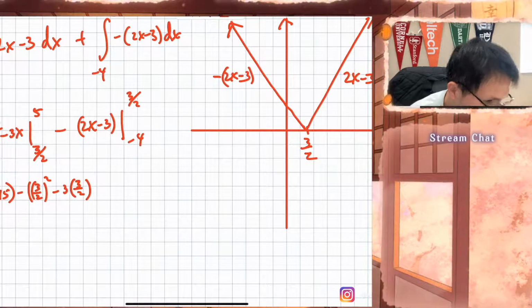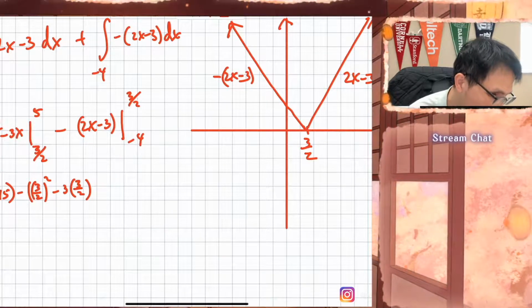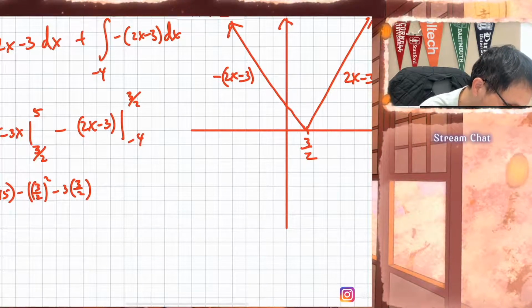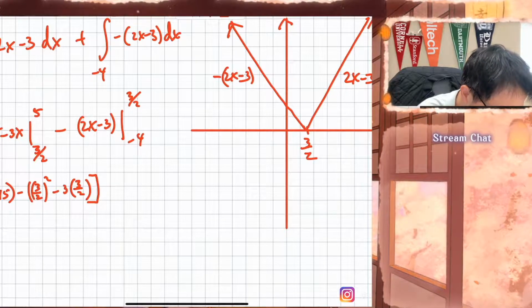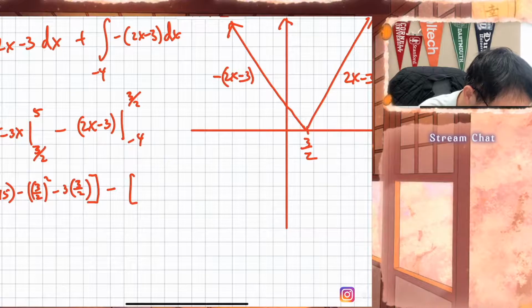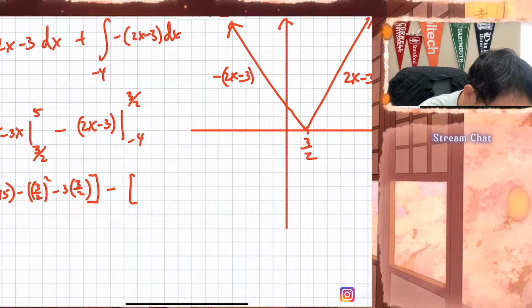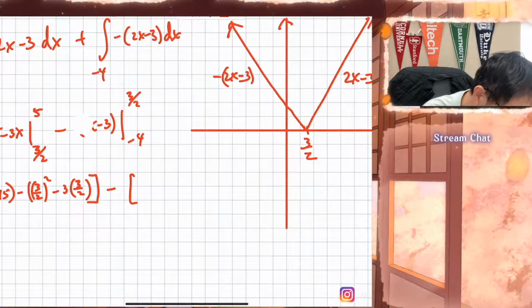So you see that the work is quite a bit, right? And it's really easy to make a mistake. And then minus whatever result here, which is, I'm sorry, this one's wrong.